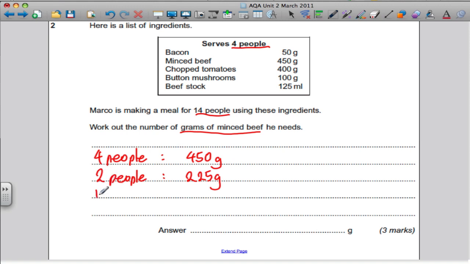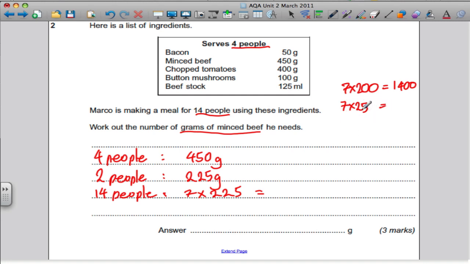So you multiply, 14 people would be 7 times this number. So you want to do 7 times 225. Well, let's do it in parts. 7 times 200 is equal to 1,400. And then 7 times 25.